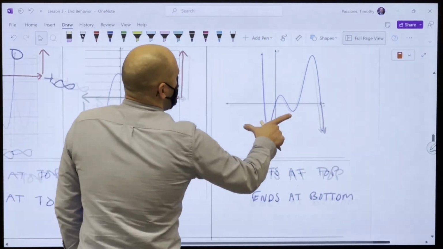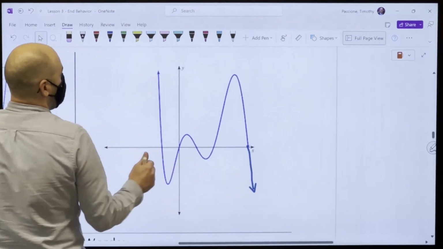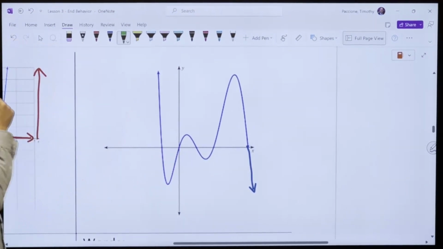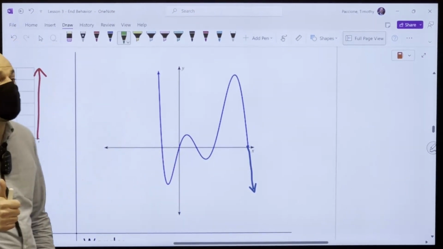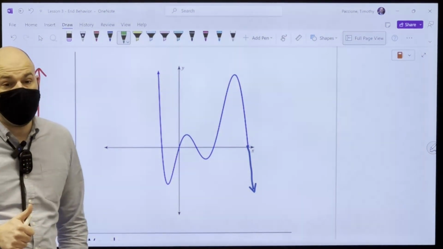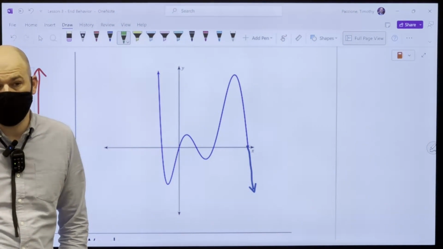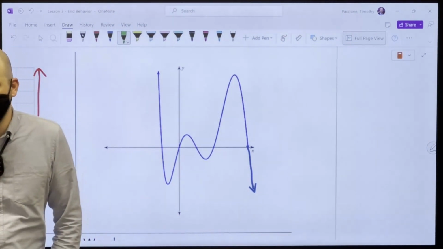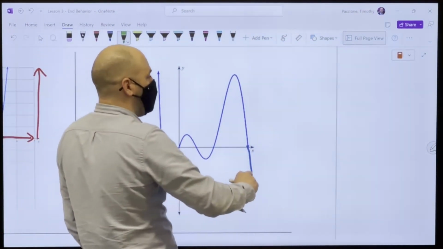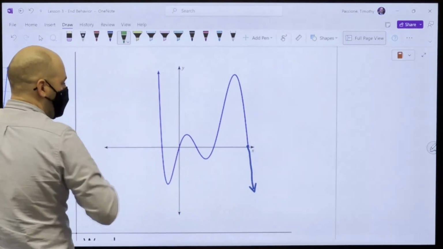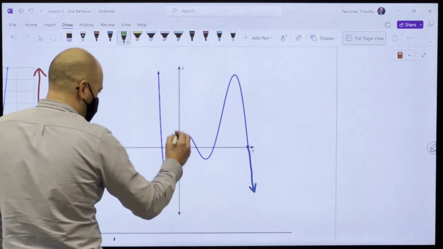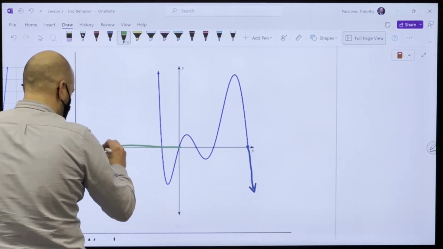Okay. Here we go. Start at the middle. Remember, the question will be, I'll just give you an equation, and I'll say, give me its end behavior. And I'm going to expect the notation. You can write it in words first to help you, and then translate them to end behavior. Or you can just draw yourself a sketch. Maybe your sketch looks like this, and then you think, okay, what do I say?